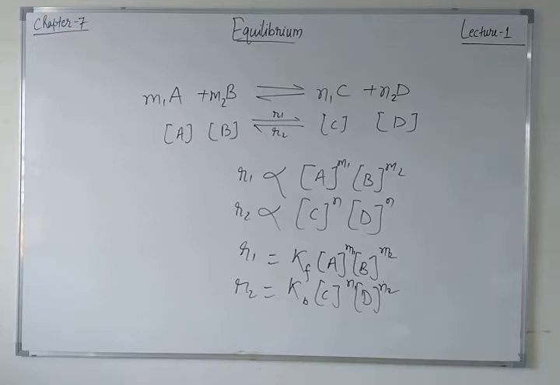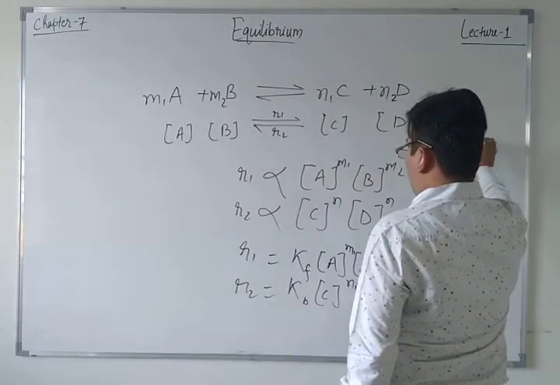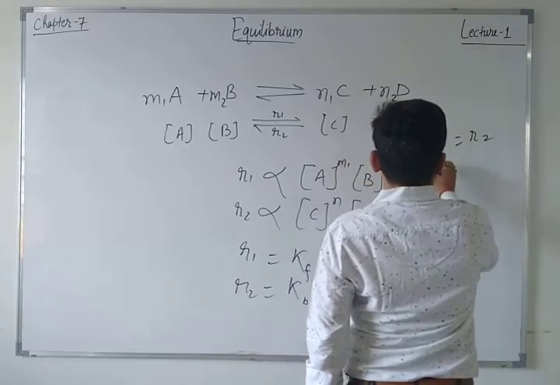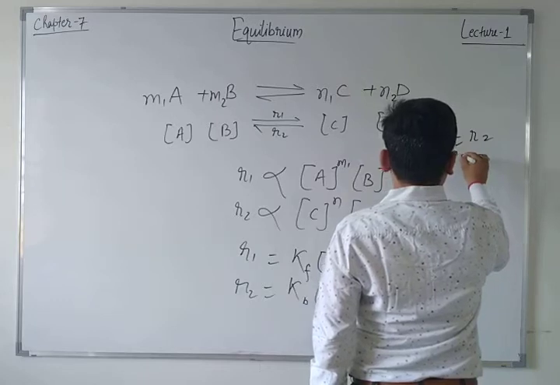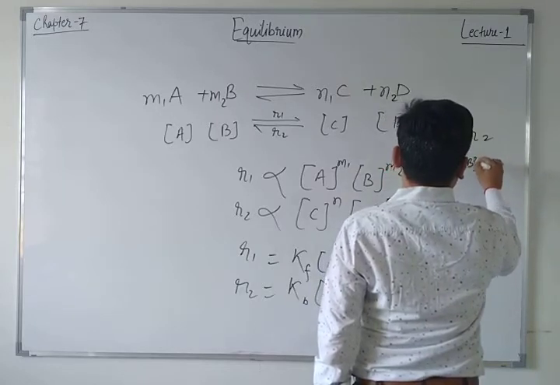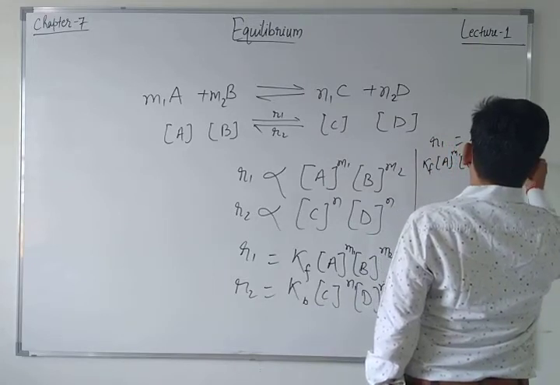Now if I talk about when they both are equal, when they are in the equilibrium state, when R1 is equal to R2, what will happen? Here Kf into the concentration of M1 and M2 is equal to Kb into the concentration of C^n and D^m.